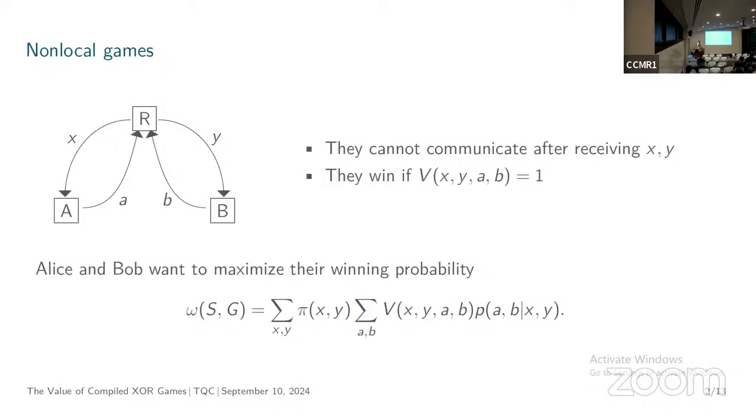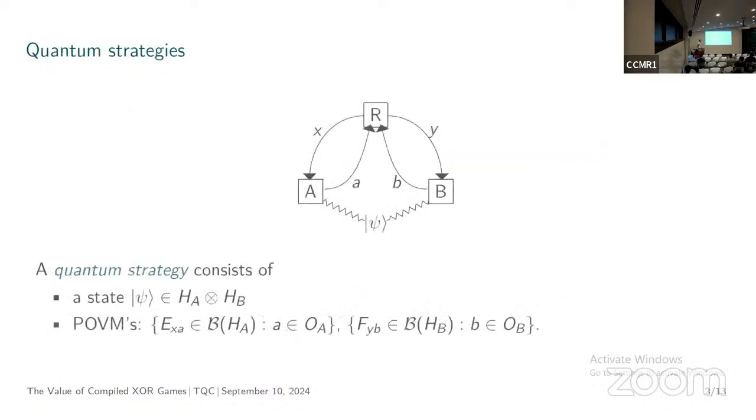One way to model such strategies, when the two players share an entangled state, is that we have some state in a tensor product Hilbert space, and Alice and Bob are allowed to do local measurements on their local Hilbert space. Those are just positive operator valued measures, so I have some positive operators that sum up to identity.